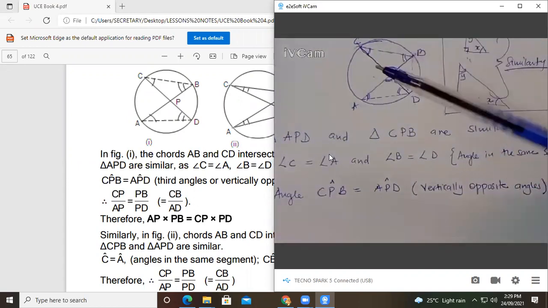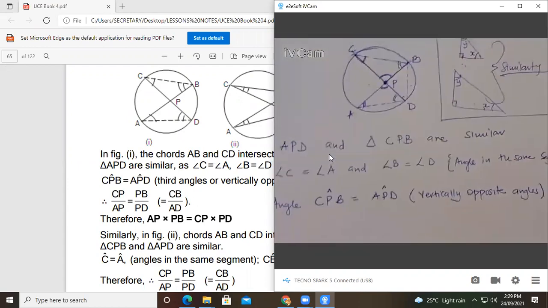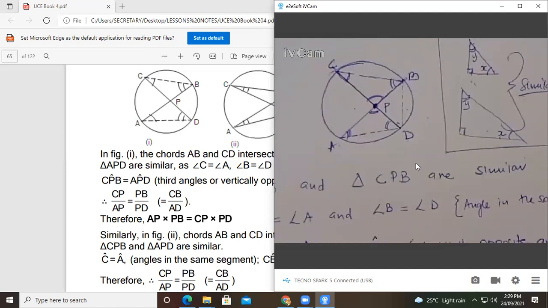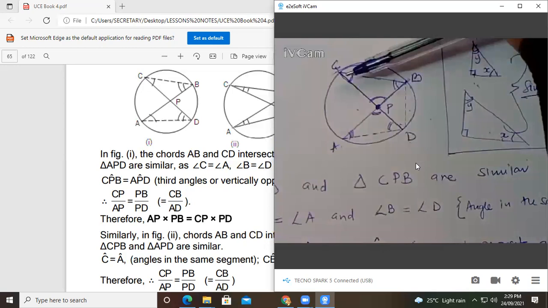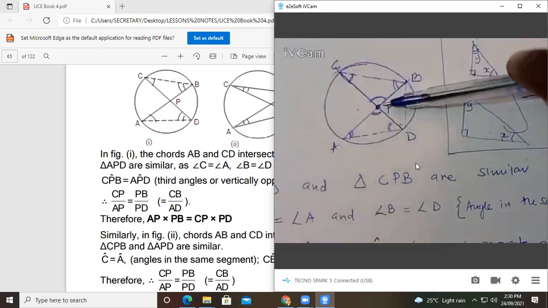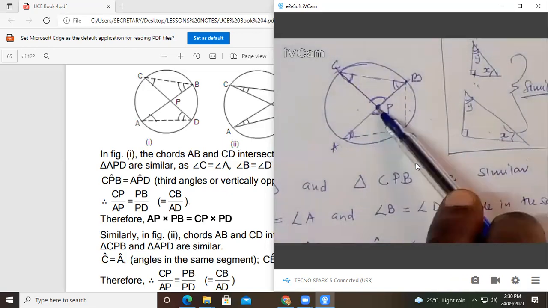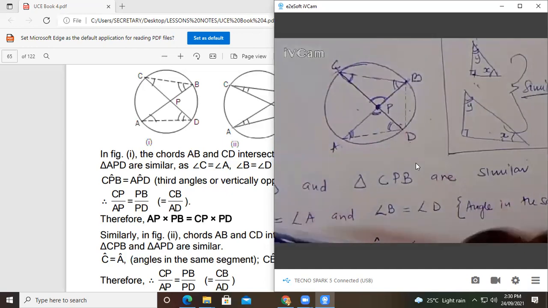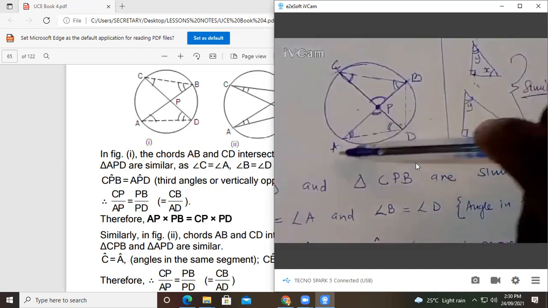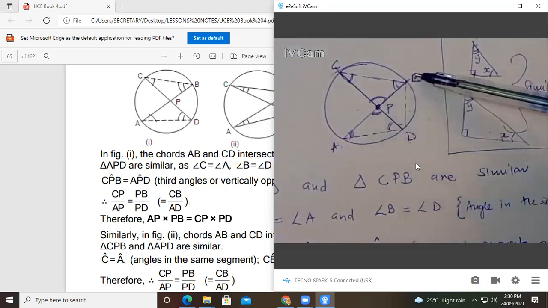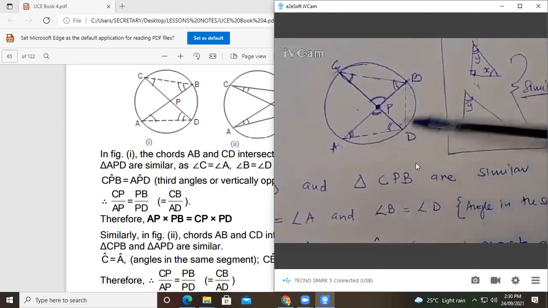They are saying that if you get this side CP and divide it by this other side AP, that ratio, you know what ratio is? Ratio means division. If you get CP divided by AP, that ratio is equal to PB over PD, because that's what we looked at under similarity.